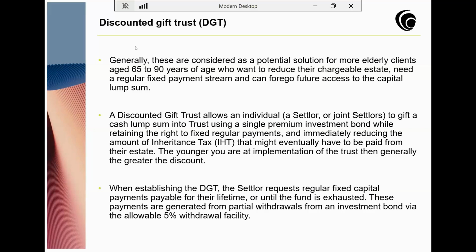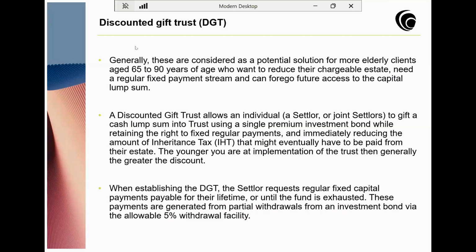So an investment bond is used to enable a settlor to access the allowable 5% deferred tax capital withdrawal, which is allowable through an offshore or onshore bond. The settlor, however, will not be able to access the gifted residual fund, nor access any future growth on the investment bond, because they're owned by the trust.